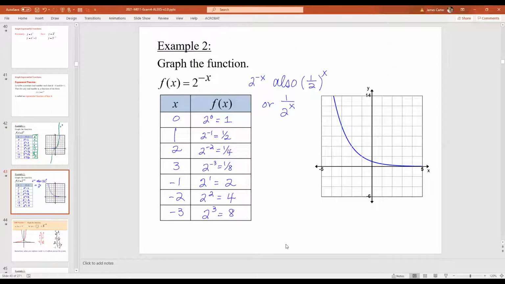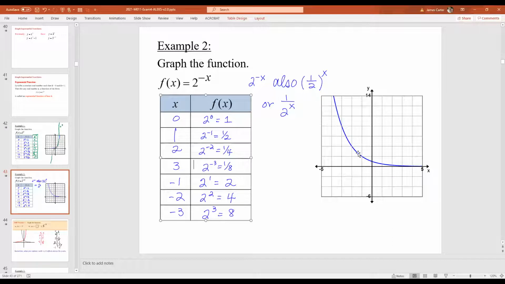Okay, in this case, we're doing a transformation on these. If you remember earlier, if we changed x to negative x, we would flip it across the y-axis. Well, that happens with this as well.